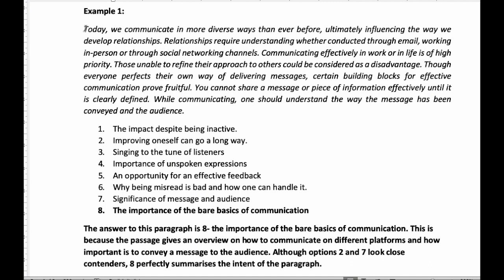Now, you may see that the paragraph talks about how communication establishes a lot of relationships and how communicating effectively is important. That's what this sentence is about. And what happens if you don't refine your approach of communication, your process of communication. Now, this sentence here tells that everybody may be refining their own approach, but definitely you should follow certain steps in order to have effective communication.